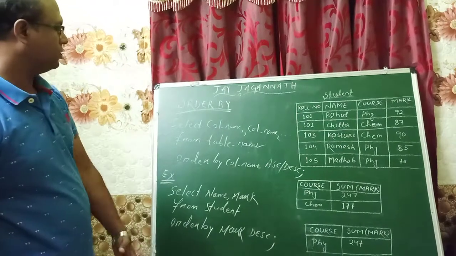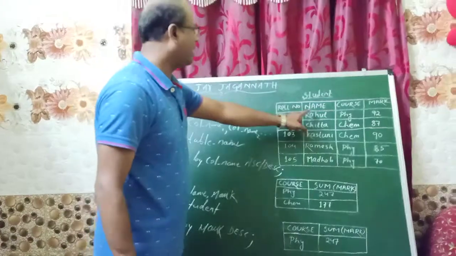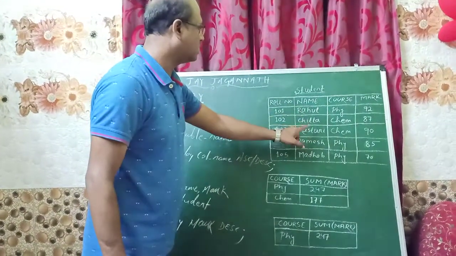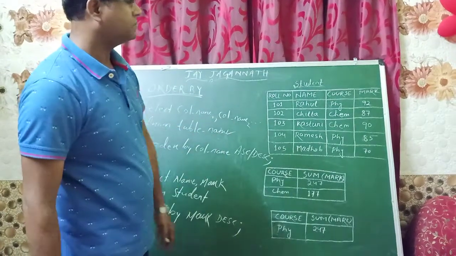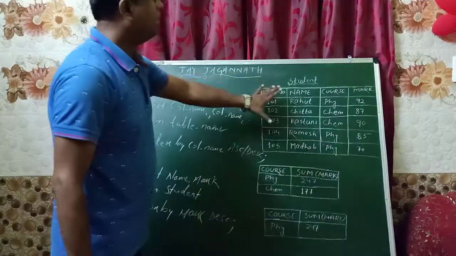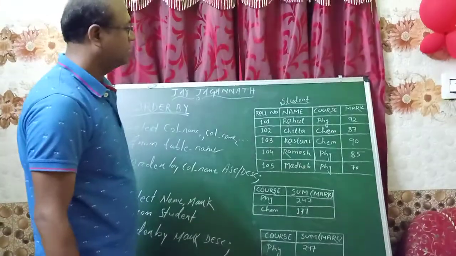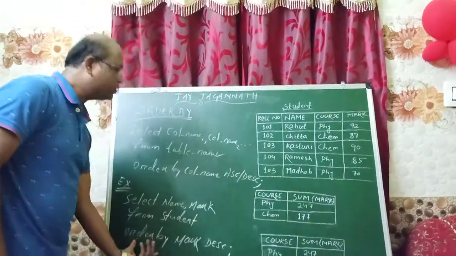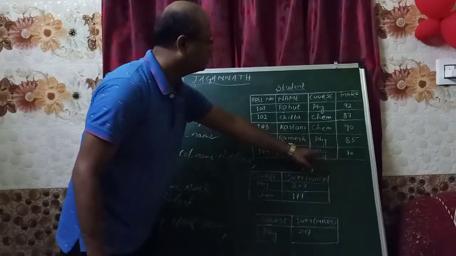In your result table, you can find the names Rahul, Sita, Kasturi, Ramesh and Madhav, but here the names are in this particular sequence. But when you execute this query, at first will come in descending order.